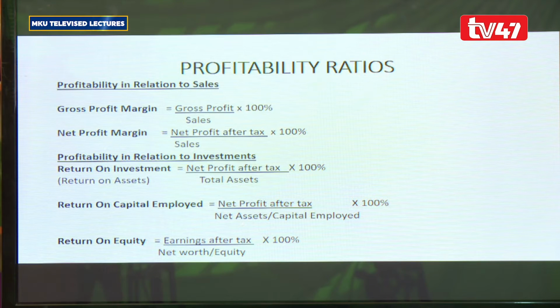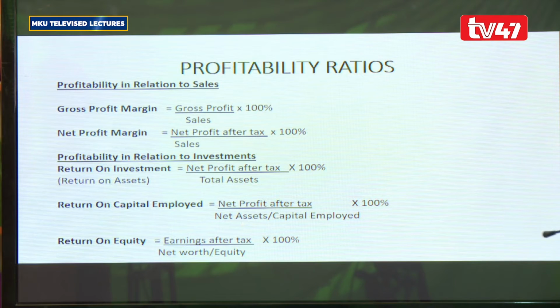Actually, when in a business, we normally think of profit in terms of, probably, 1, the amount of sales that you are making. The more the sales that you are making, probably the more the profit you are likely to generate. The more the investment that you have made in a business, probably you can say the more the profit you are likely to generate.